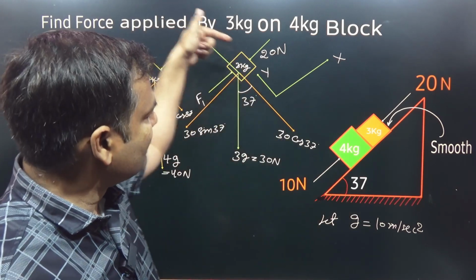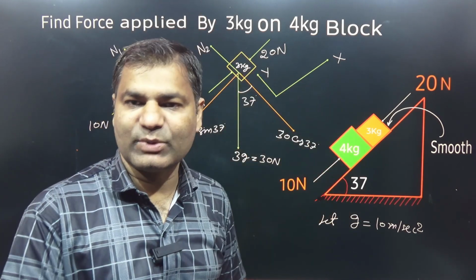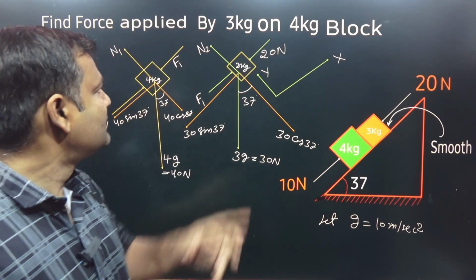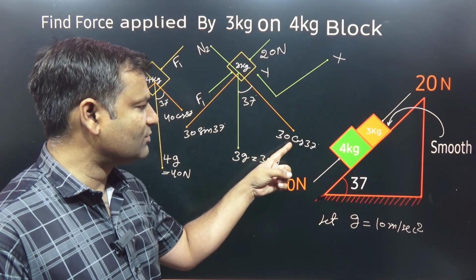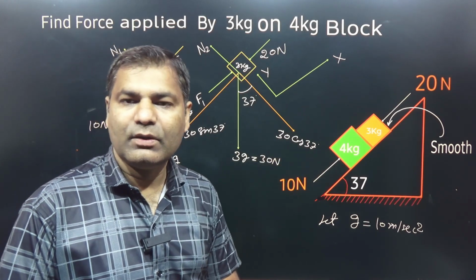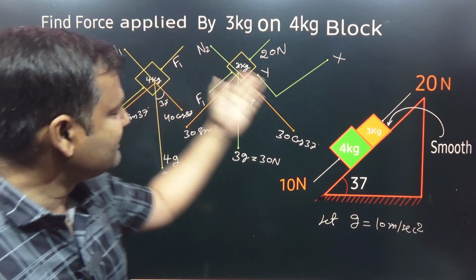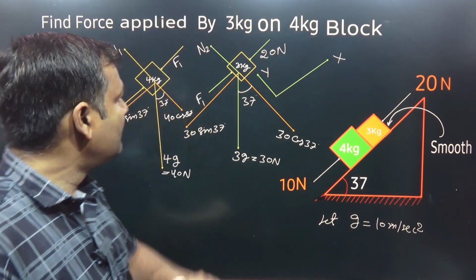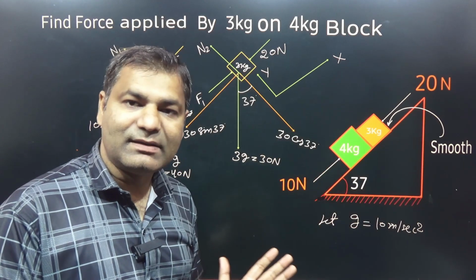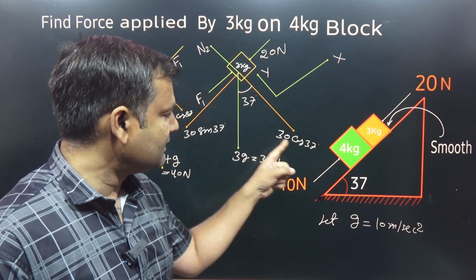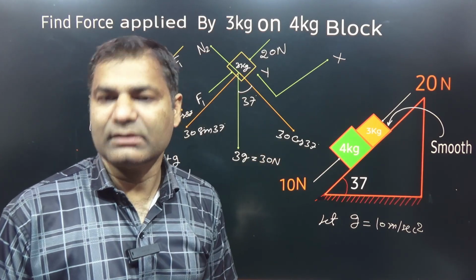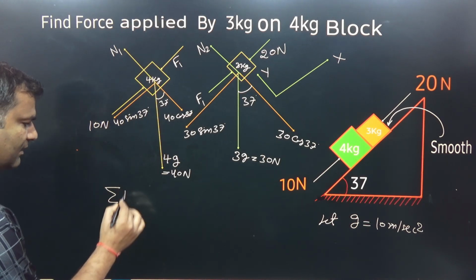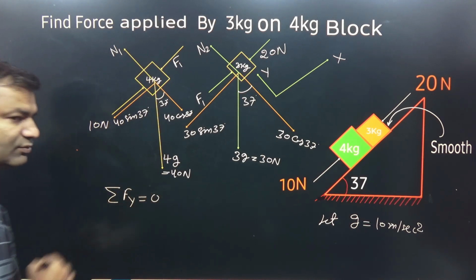Because there is no external force applied here and here. So N2 is equal to 30 cos 37, because this 3 kg block is not moving along capital Y axis. It means the normal force applied by the inclined plane is equal to 30 cos 37. According to Newton's second law, the net force in capital Y direction is 0.